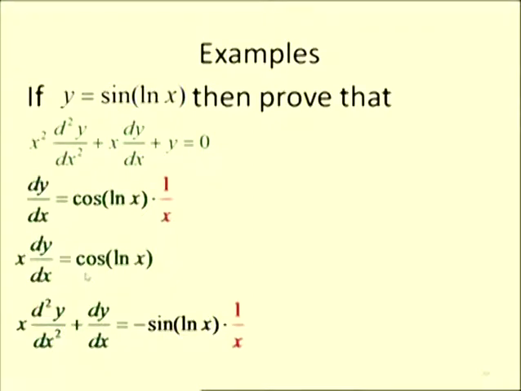This is equal to the derivative of cos log x. The derivative of cos x is minus sin x. So if I take the derivative of cos log x, it will become minus sin log x. But in place of x we have log x, so we must differentiate and multiply by the derivative of log x, that is 1 upon x.